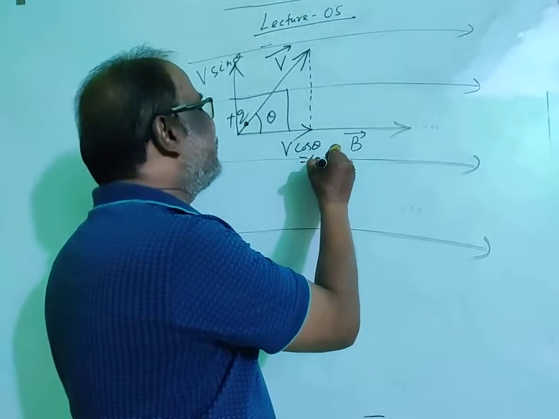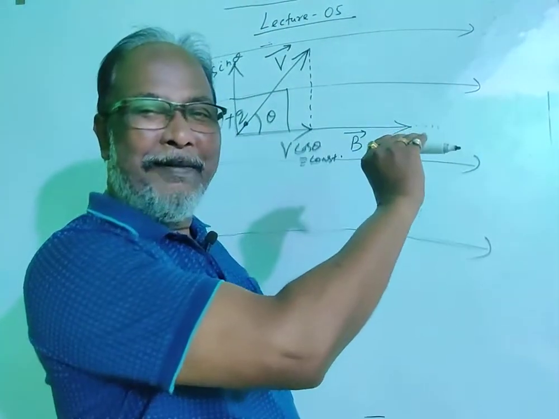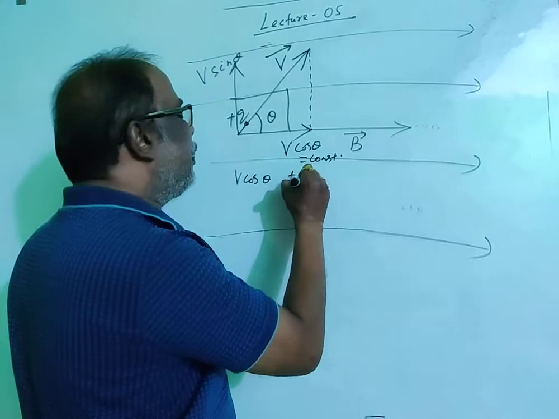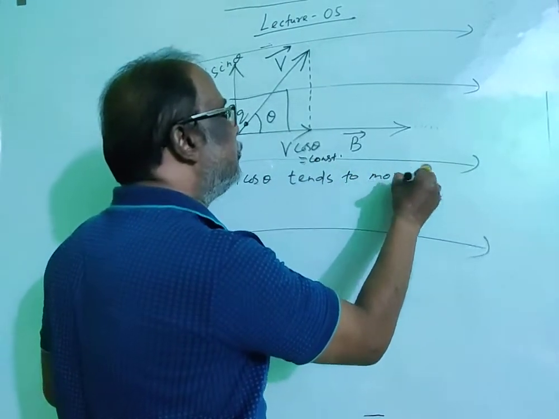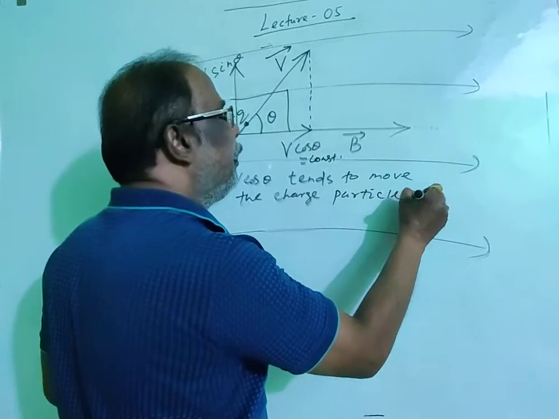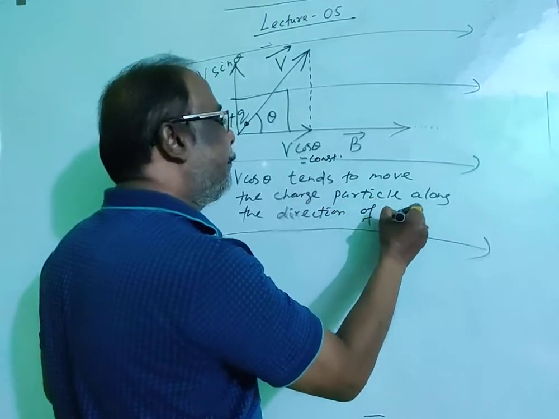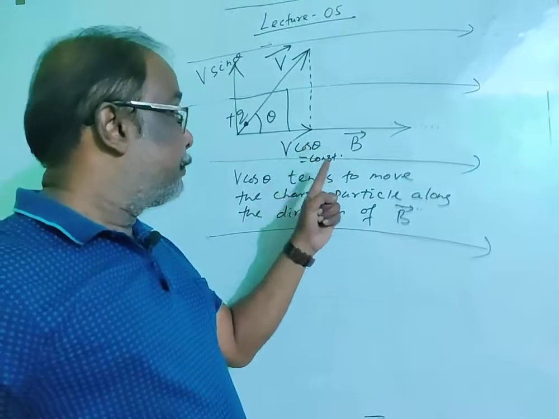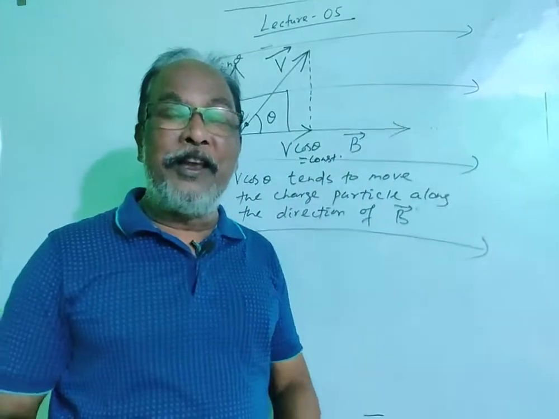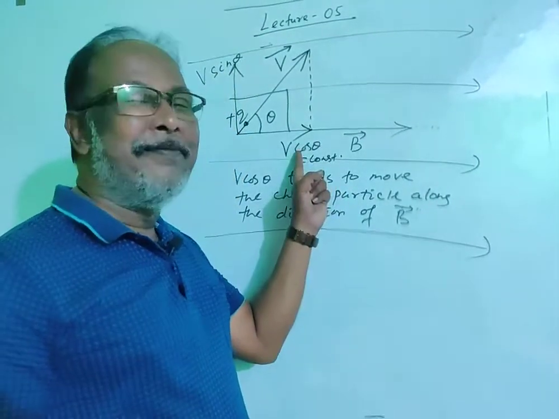So v cos theta remains constant and tends to move the charged particle along the direction of magnetic field B. Since the angle between v cos theta and magnetic field is 0 degrees, force is 0, acceleration is 0, means velocity is constant.